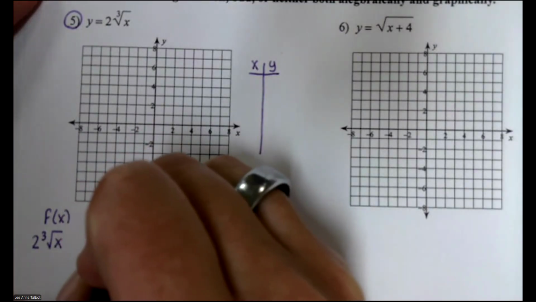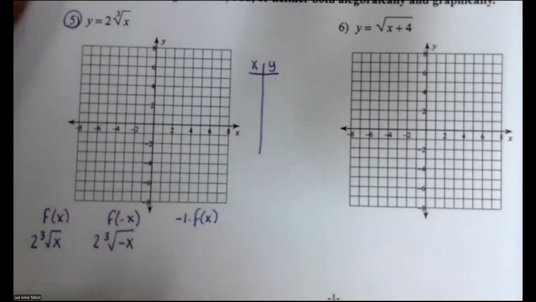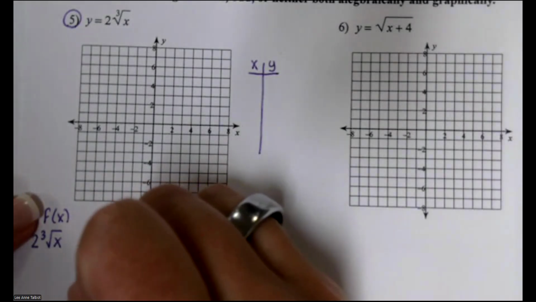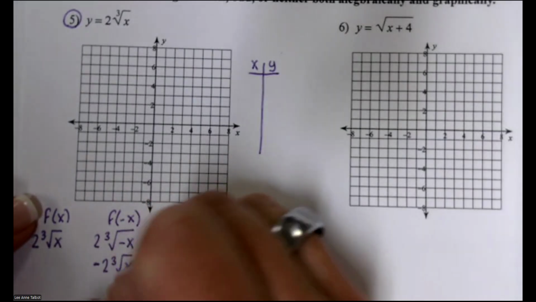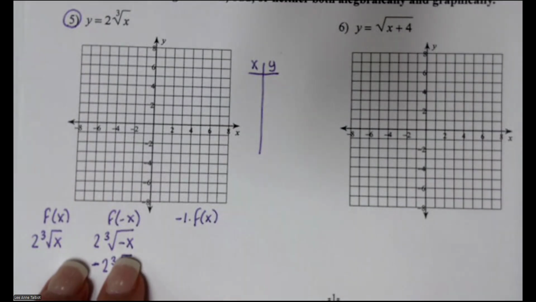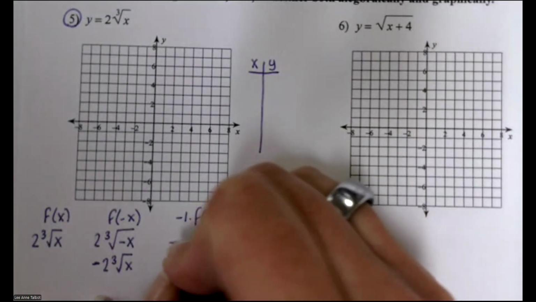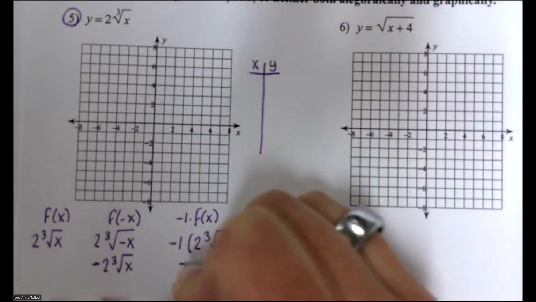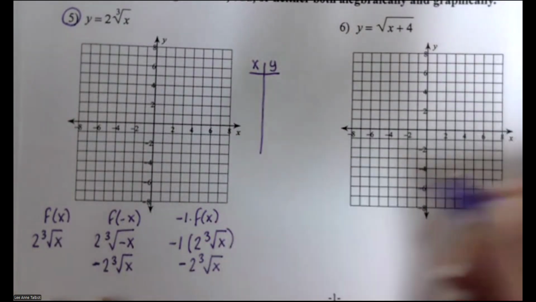And then this is going to be 2 times the cube root of -x. So what happens if you cube root a negative number? What's the cube root of -8? -2. So it becomes negative on the outside. You can kind of see right there that they don't match though.